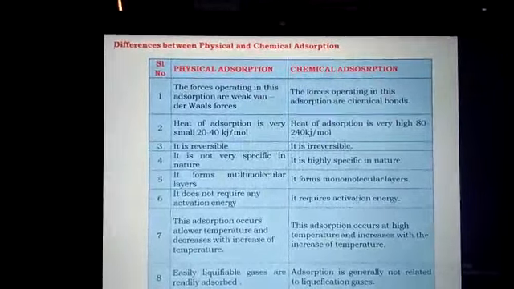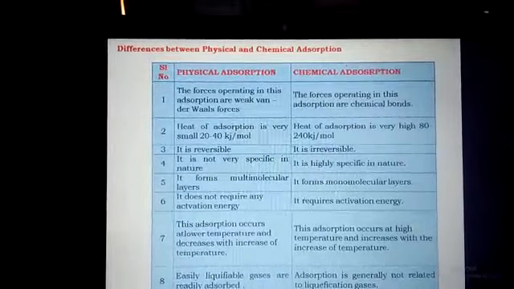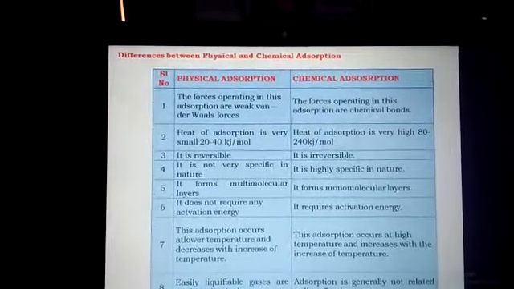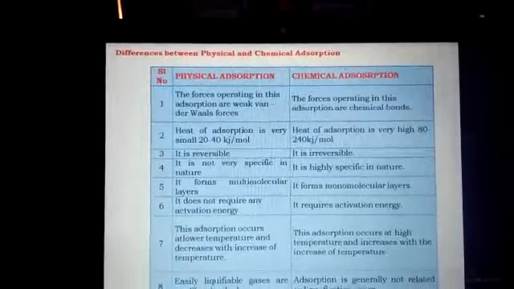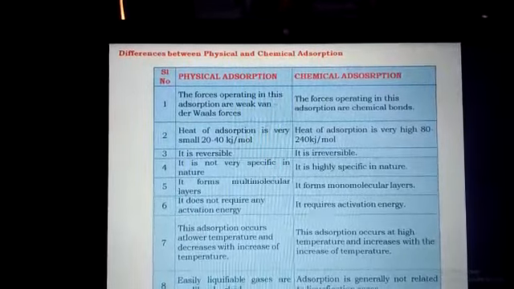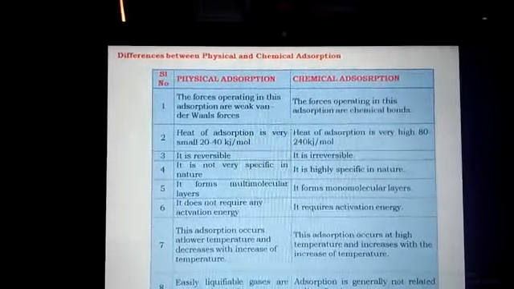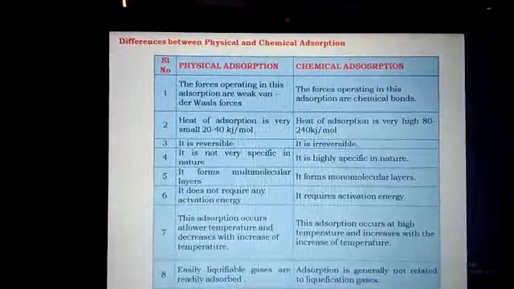Next, heat of adsorption, delta H, is very small, about 20 to 40 kilojoules per mole, during physical adsorption. During chemical adsorption, heat of adsorption is very high, about 80 to 240 kilojoules per mole.